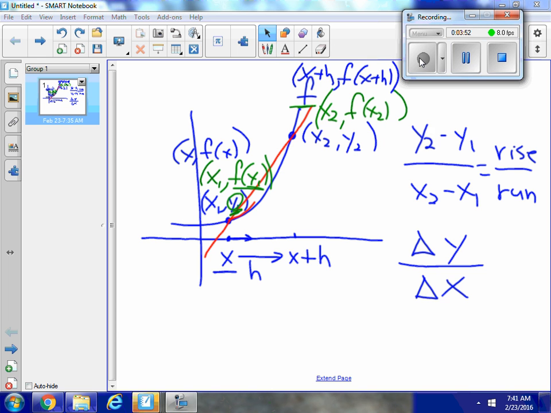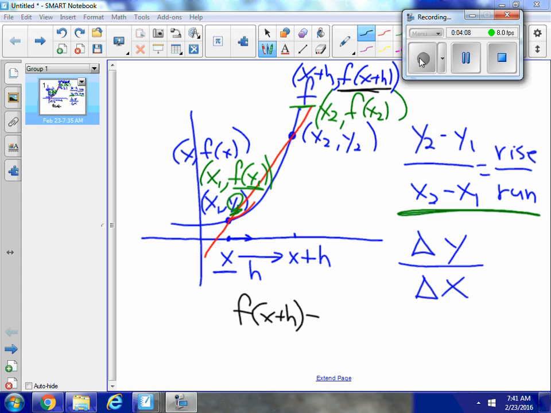And when I go back to my slope function, now it's going to look like this. y2 is now f of x plus h, minus y1, which is now f of x, divided by x plus h, which is my x2, minus x.